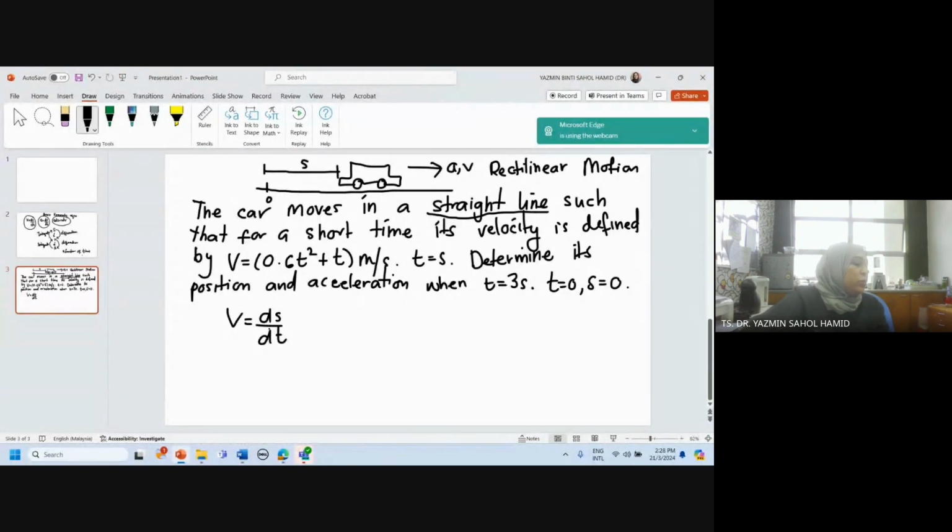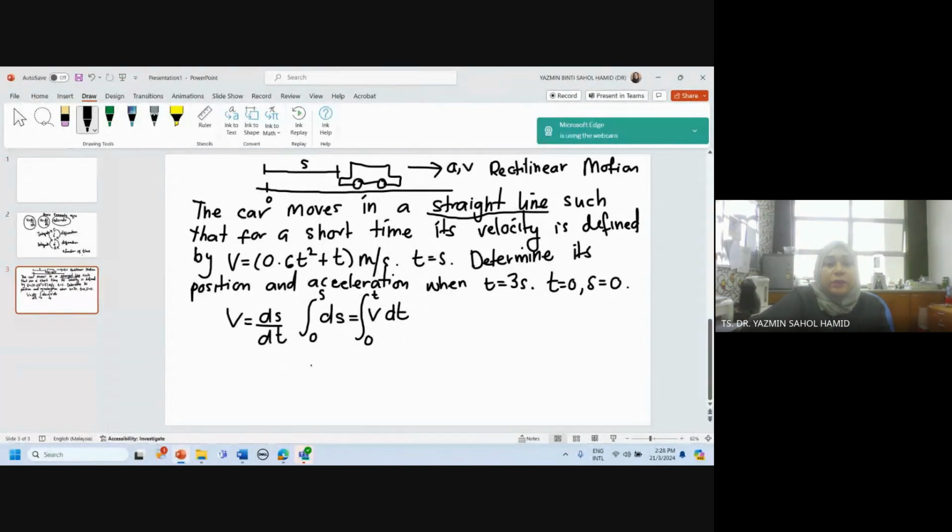Now that you know that you need to integrate it, and you need to find the position, you will leave ds on the left side. So ds will equal v dt. Now you need to integrate. On the left side, for position, it will go from 0 to s, and on the right side, you will integrate from 0 to t.